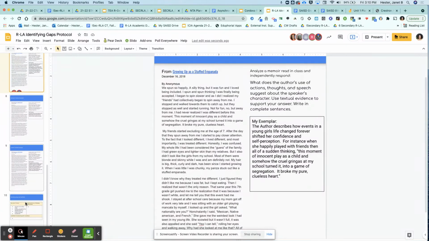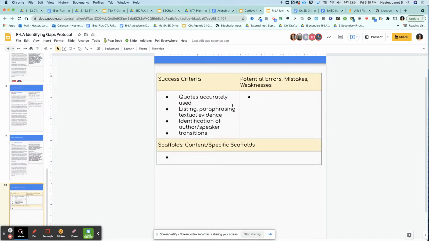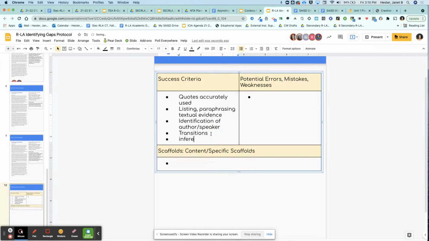I think we need to talk about inferences. Some of the exemplars made inferences in their answers naturally. So I like that there were correct inferences.